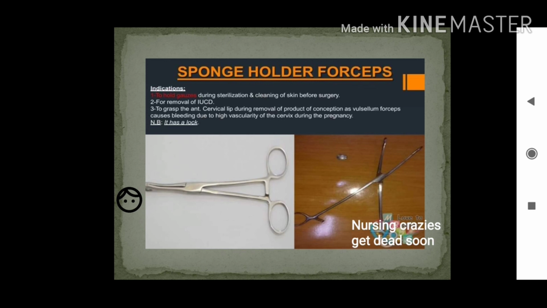The second is for removal of IUCD. We also use the sponge holder to grasp the anterior cervical lip during removal of products of conceptus, as the Vulsellum causes bleeding due to high vascularity of the cervix during pregnancy. So as an alternative to the Vulsellum during pregnancy, we can use the sponge holder forceps. It has a lock. This is the difference between the Vulsellum and the sponge holder.